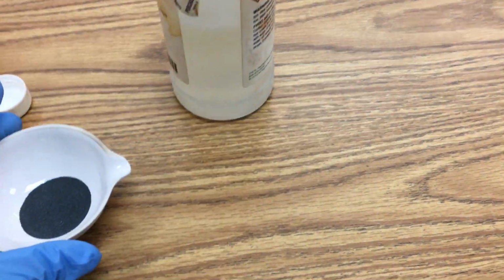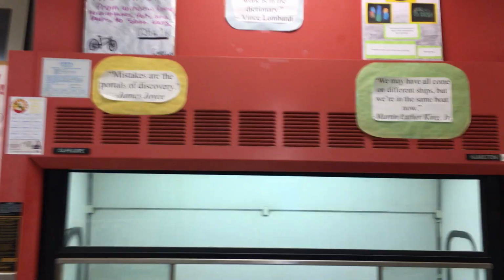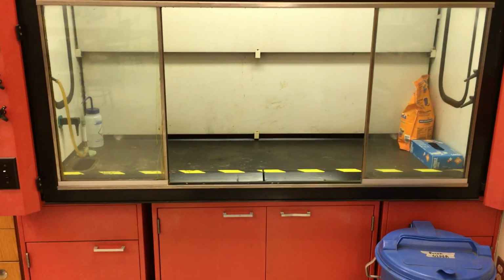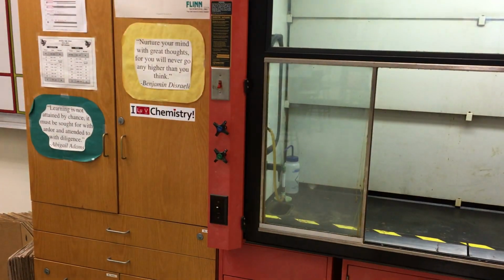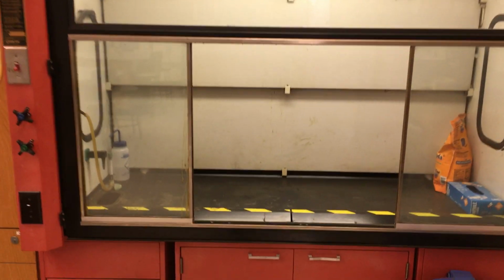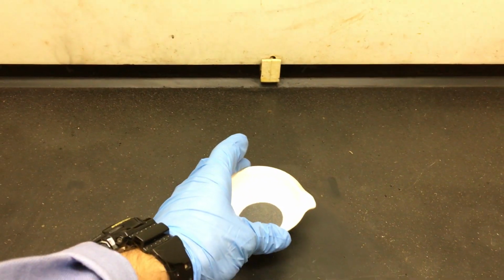I'm going to do that inside of a fume hood. So just to show you the setup here, this is my classroom, and this is a fume hood. We can do reactions inside of it and then hit this switch and it will pull air out through the top. So I'm going to put this here.